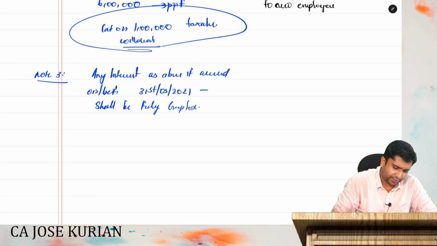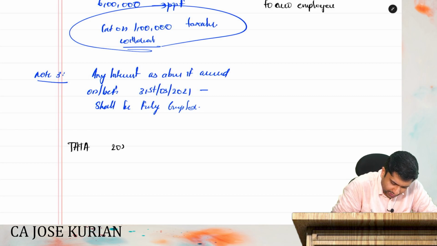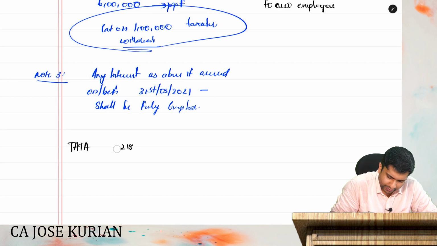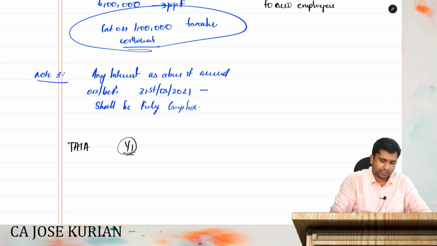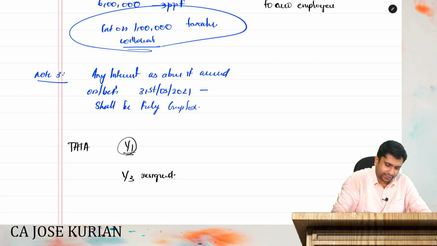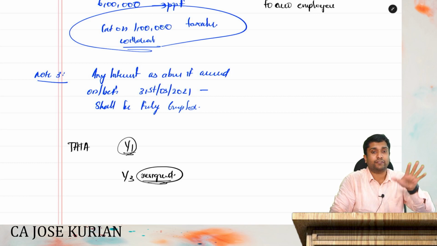For example, say I joined Tata in year 1. In year 3, I resigned from Tata. Do I have 5 years of continuous service?